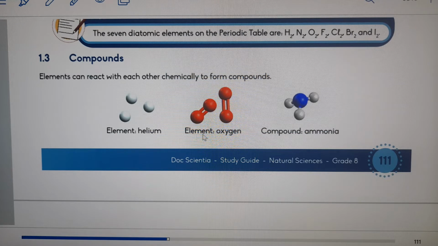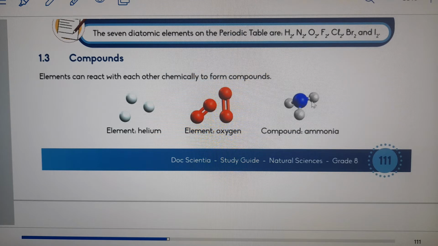And then we have another element, which is oxygen. We have two atoms of oxygen that are the same, so it's still an element. But if you look here, we have three atoms that are the same, but they are joined to one atom that is different to them. In that case, we have a compound, and this compound is ammonia.